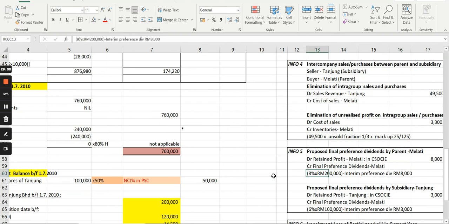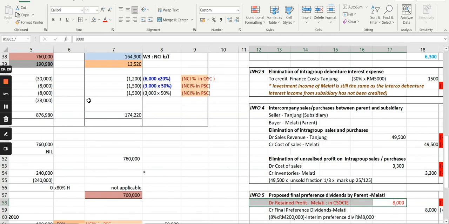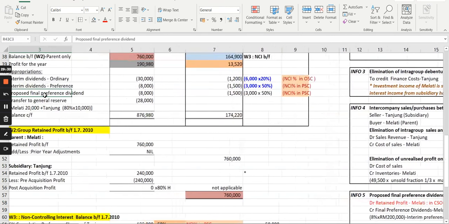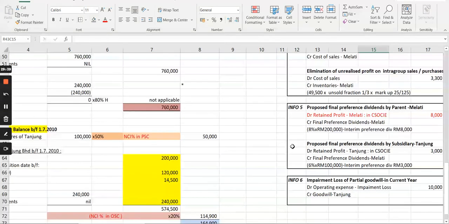This is the journal entry. You will need to go and debit retained profit of the parent, meaning that column there, 8,000 here, and the proposed preference dividend by parent will be included, 8,000, and the proposed preference dividend by the subsidiary, it was 3,000, but you're not going to include all 3,000 in the non-controlling interest.